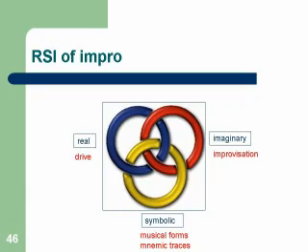And this is a Lacanian RSI model of improv, whereby the real is again the drive, the desire to improvise. The symbolic are those musical forms which I've learned, those patterns, the melodic traces, and then the imaginary is, well, I'm improvising, I'm an improviser.